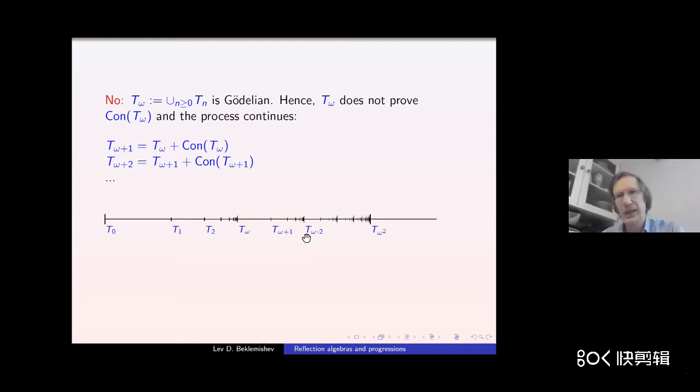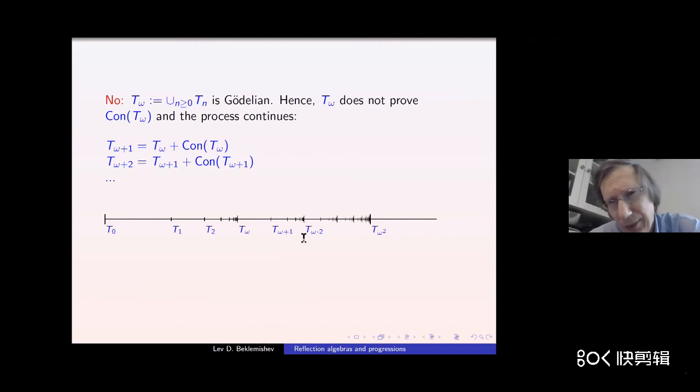This process is nowadays called the Turing progression, sometimes the Turing-Feferman progression. Feferman studied these progressions 20 years after Turing, whose work was somehow abandoned for several decades afterwards.